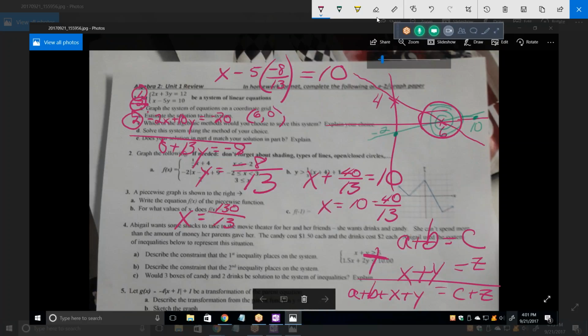Notice that's the number 10, right? I could divide both top and bottom by 13, and I get 10 over 1. But now I have a common denominator, and I can subtract 40/13. So what does that end up being? 90 over 13.